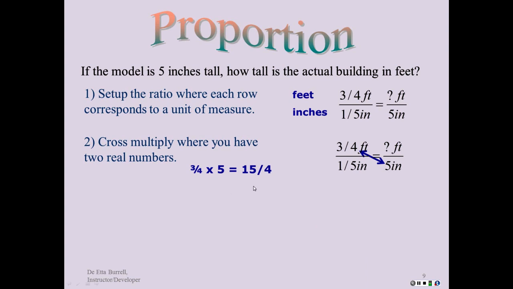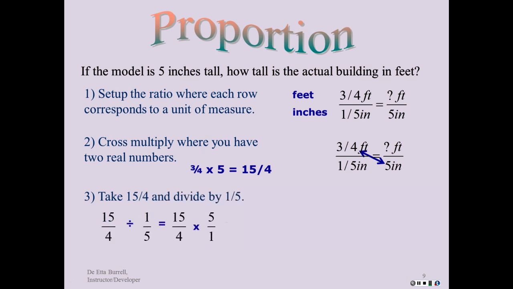Now, what am I going to do with this 15/4 in step 3? Divide by what? By 1/5, because 1/5 is the number that's left over. So I have to take 15/4 and divide it by 1/5. Well, this is fractions. So I have to keep, switch, and flip. That's exactly what I did.